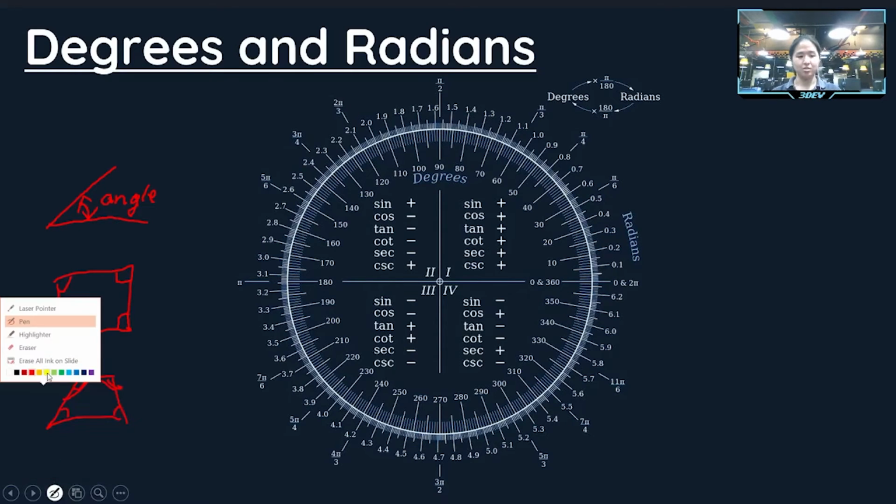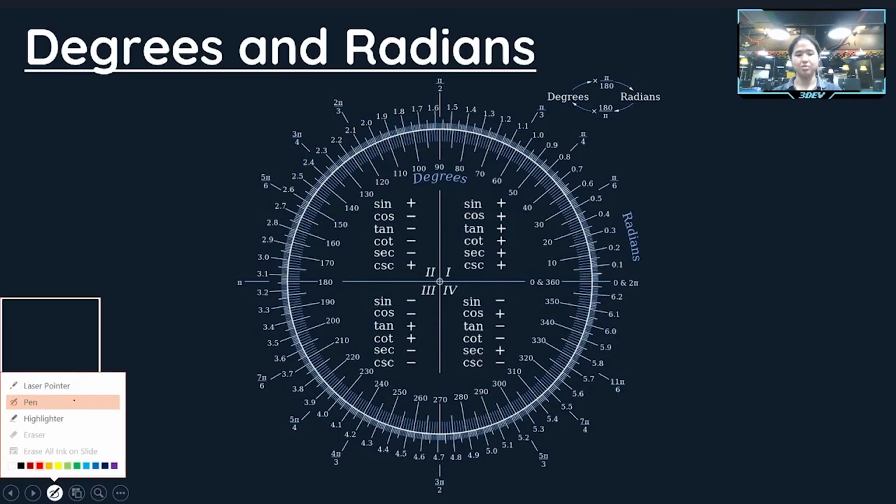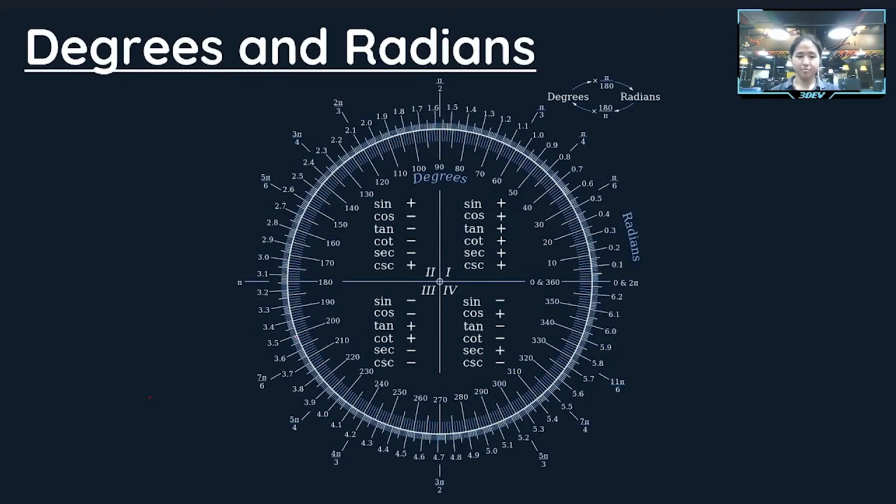Let me erase my things. The unit that we normally use to measure an angle is the degree. Just like when you measure a length, you have centimeter, meter, kilometer, and so on, and when you measure weight, you have gram, kilogram, and so on, here we have units to measure angles.